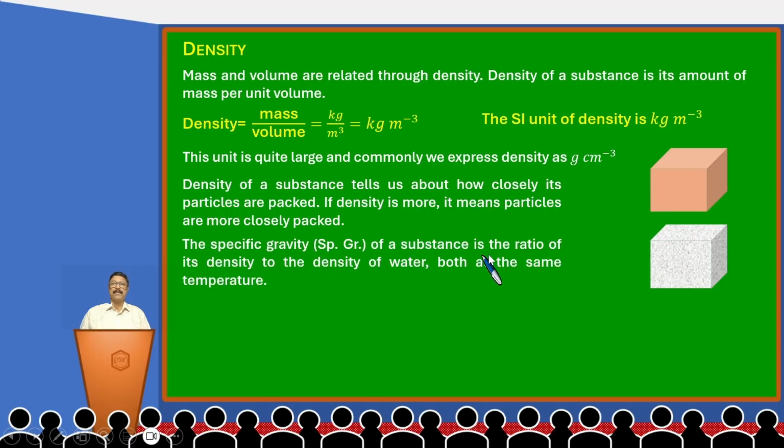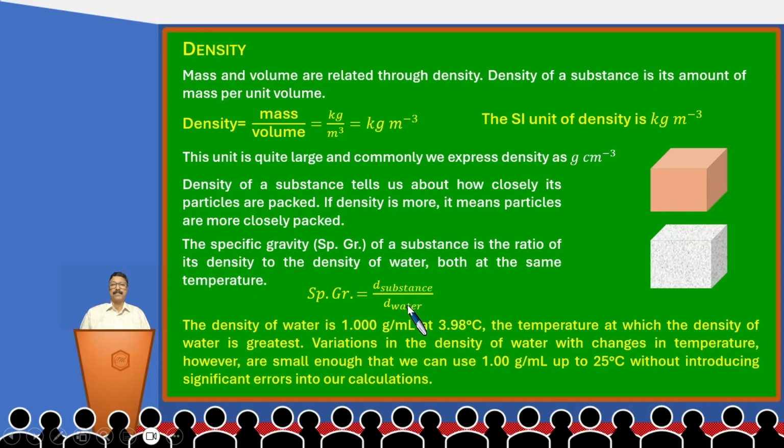The specific gravity of a substance is the ratio of its density to the density of water. Both are measured at the same temperature. Specific gravity is equal to density of substance by density of water. The density of water is 1 gram per ml at 3.98 degrees Celsius, the temperature at which the density of water is greatest.